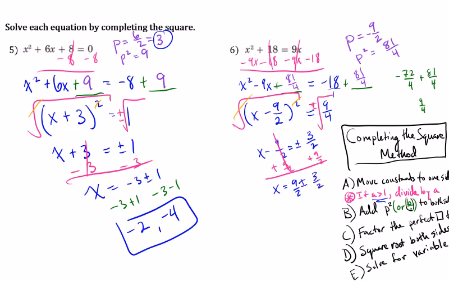Then we get 9 over 2 plus 3 halves, which is 12 over 2, which is 6, so 6 is one of our answers. The other one is 9 over 2 minus 3 over 2. Plus or minus means we have 2 answers, so that's 6 over 2, which is 3. All right, so that's how we complete the square.